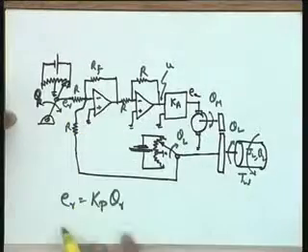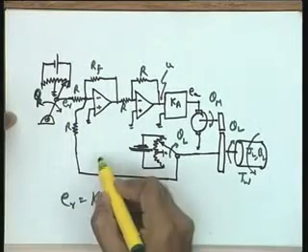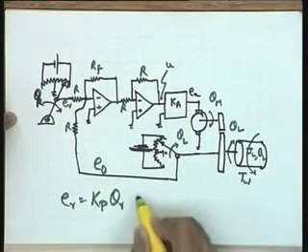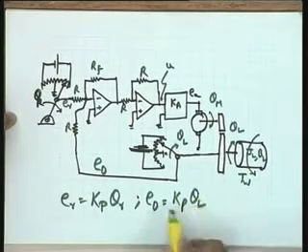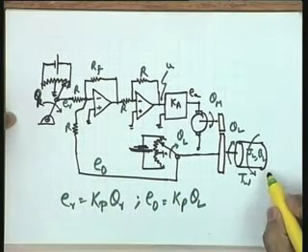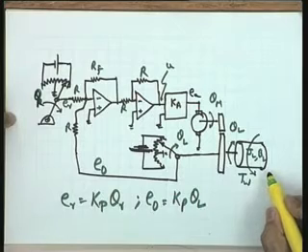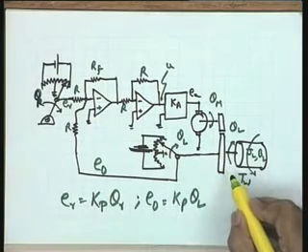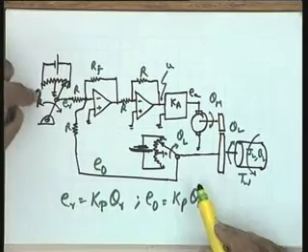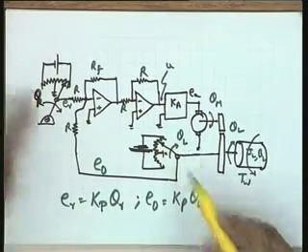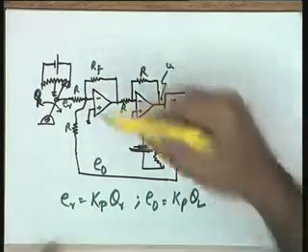So ER here is Kp into theta r, let me call this E naught. So E naught here is Kp into theta L, where theta L is the load position, it is the controlled position which is required to follow the commanded position theta r. Okay. So see the variables please, theta r and theta L are the two variables, and you will take note of the sign.